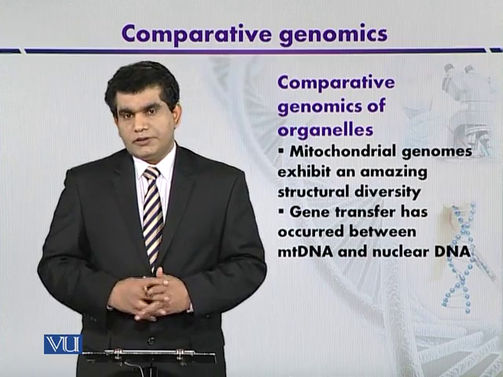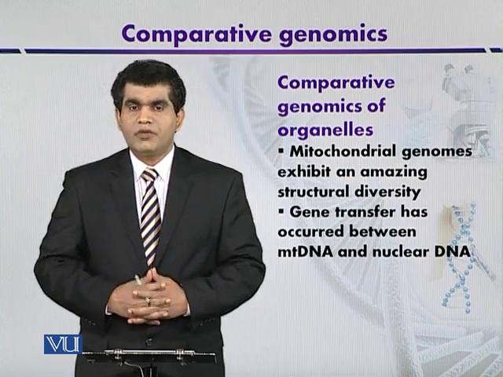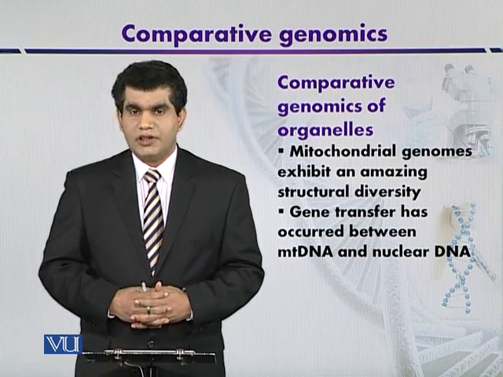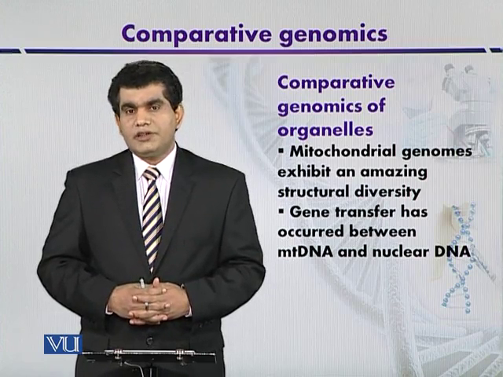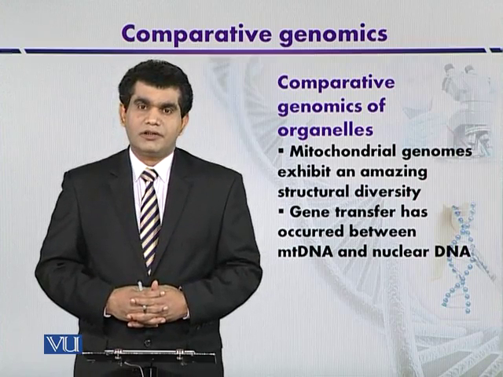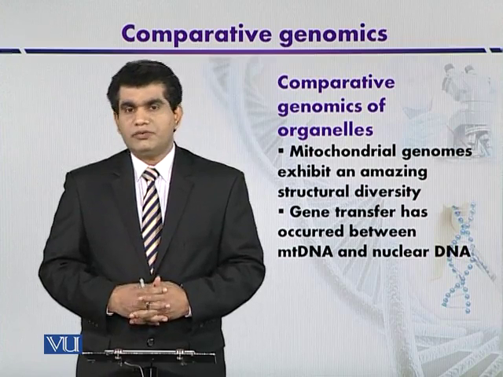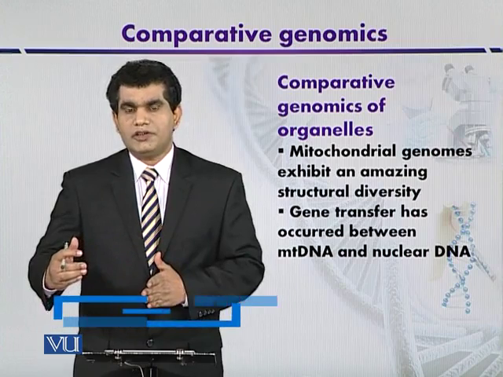Now, as far as its genome is concerned, it can show a huge variety in its size. Like in the case of mammals or fungi, the mitochondrial genome may range from 15 to 20 kilobases.